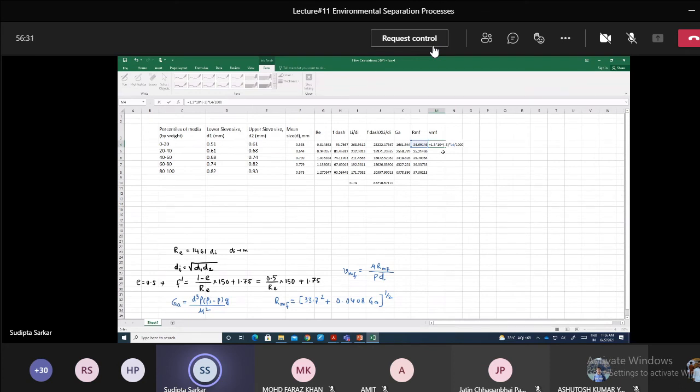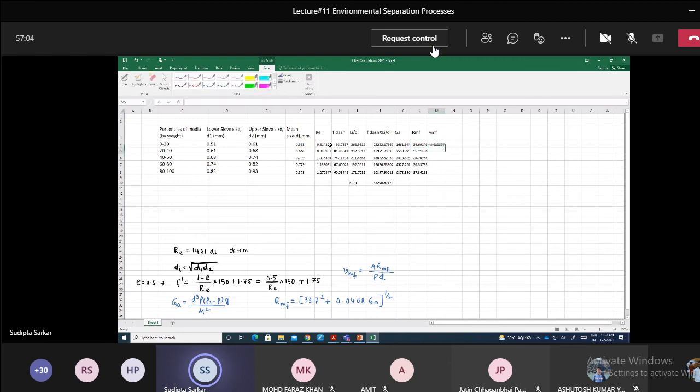So let me write it like this: 1000 divided by D in meter, right? So we have to write this D here times 10 raised to the power minus 3, and you end the bracket here.